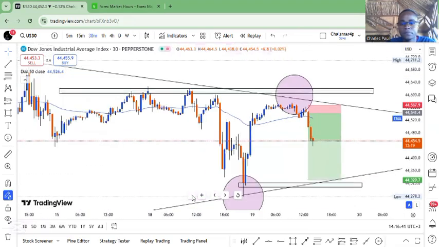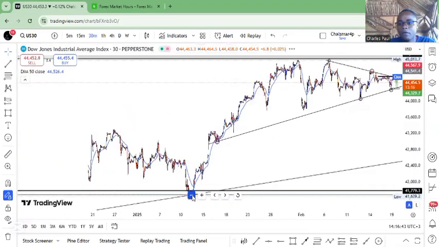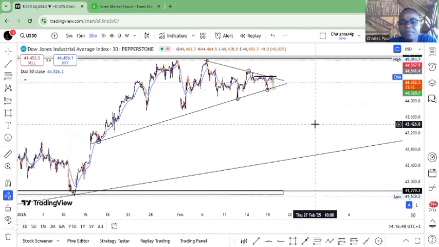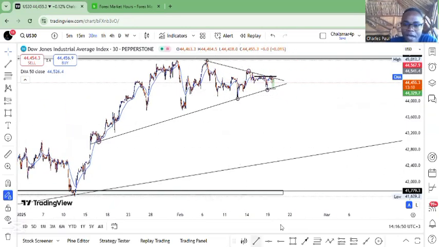Furthermore, more confluences will be obtained immediately after hitting my target.